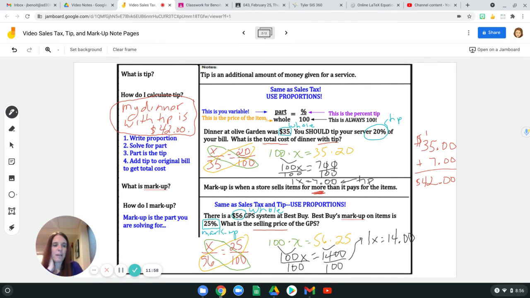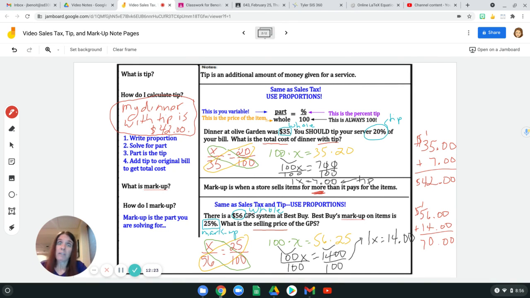Make it look like money. Okay. So the markup that Best Buy is using is $14 on this GPS. They bought the GPS for $56. They're charging us an additional $14. So we are going to have to pay $70. $70 would be on that price tag.